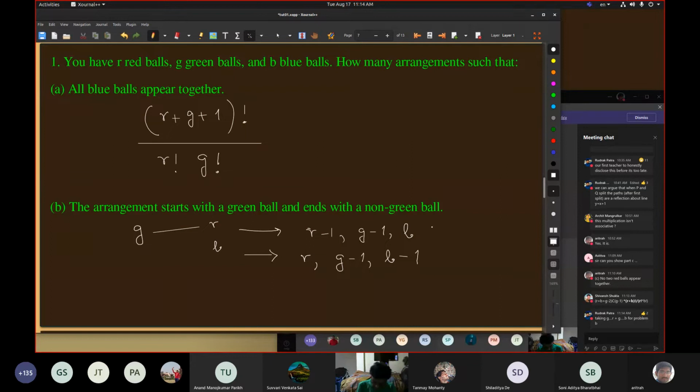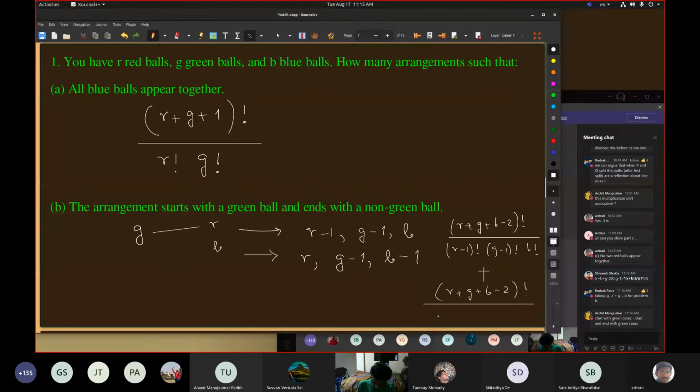So you just count this. So total of this is R plus G plus B minus 2 factorial over these things, R minus 1 factorial, G minus 1 factorial, B factorial plus this count. So once again, R plus G plus B minus 2 factorial, R factorial, G minus 1 factorial, B minus 1 factorial.